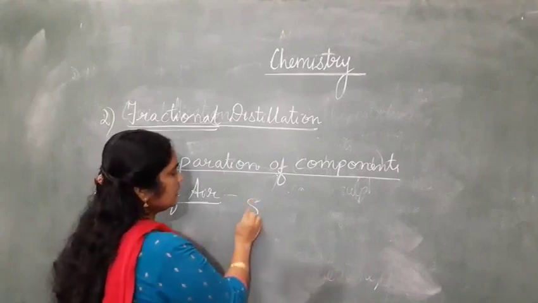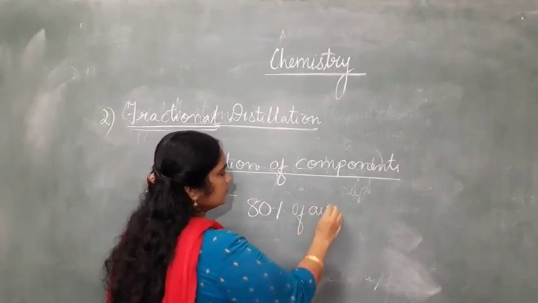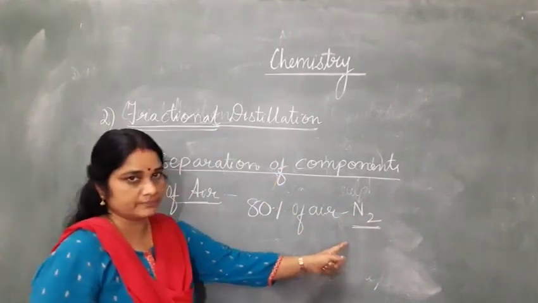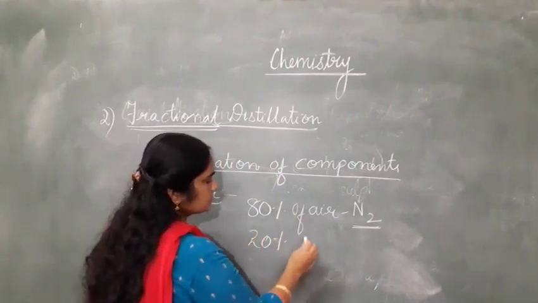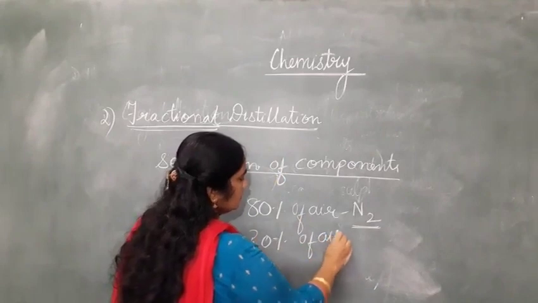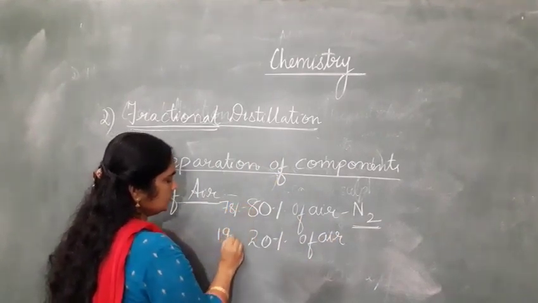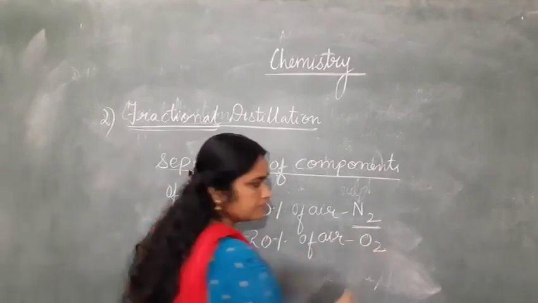In that, 78 to 80% of air is made up of the non-combustible gas known as nitrogen, and 19 to 20% of air is made up of oxygen, which we breathe.